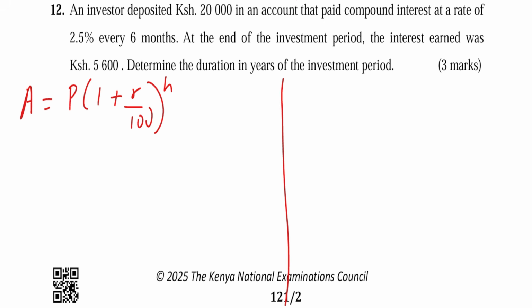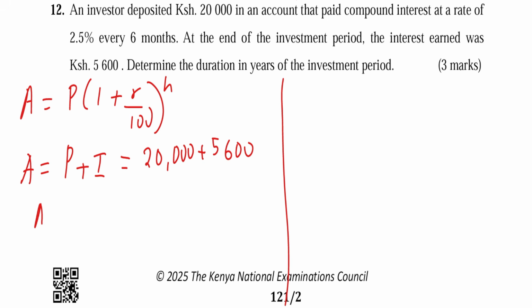So the amount is basically this one, because hapo tumepewa principal na tukapewa interest, so amount is just principal plus your interest. So principal yetu ni 20,000 na jamaa ankula interest ya 5,600, and therefore our amount would be 25,600 Kenyan shillings.